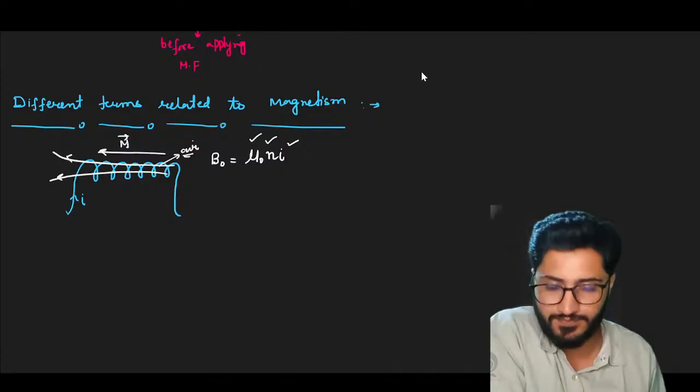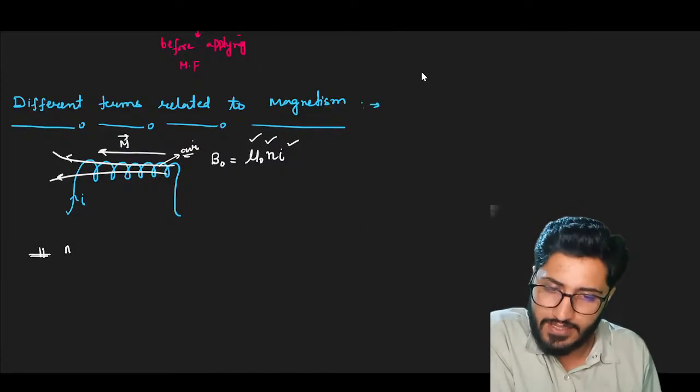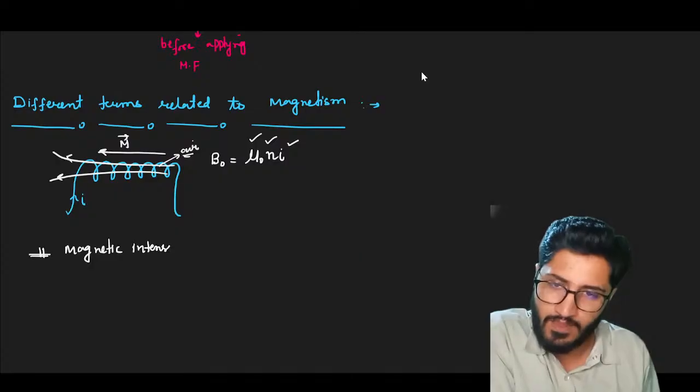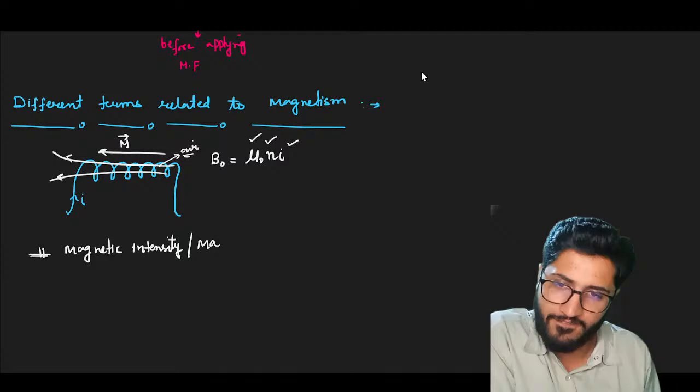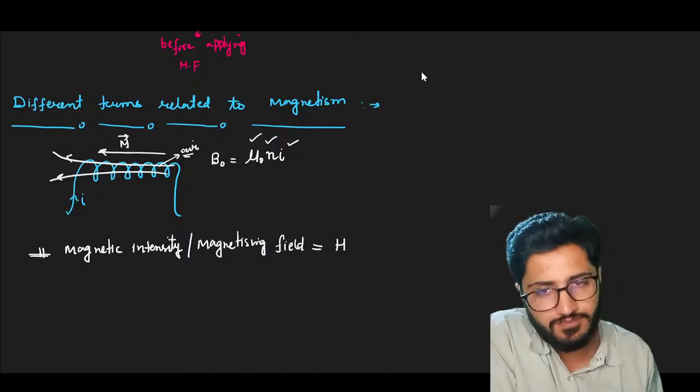I is current. The second term that we will use here is magnetic intensity. This is also known as the magnetizing field, and we will denote it with H. Its unit is ampere per meter.